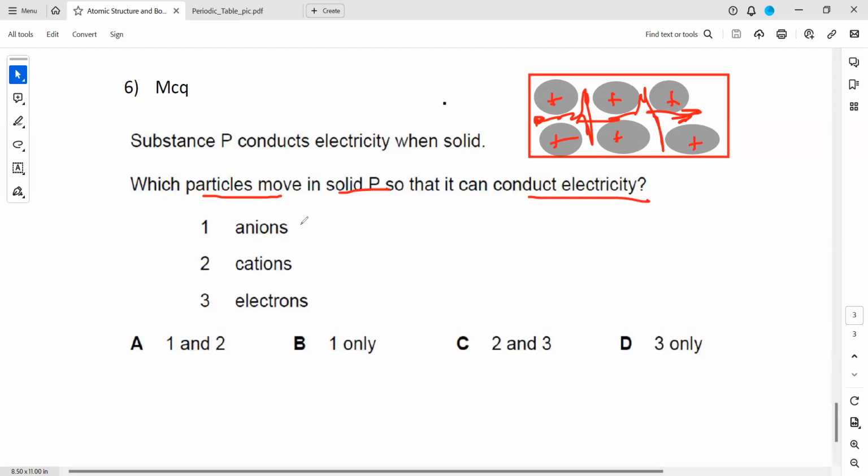So which particles move in a solid so that it conducts electricity? It does not have negative ions, it has positive ions, the cations, and it has electrons. Most students chose D, because of the electrons, but when you check the internal structure, you will find that not only the electrons are moving, but the vibration of the lattice is also responsible for conduction of electricity. So that's why for this one, C should be the right answer.